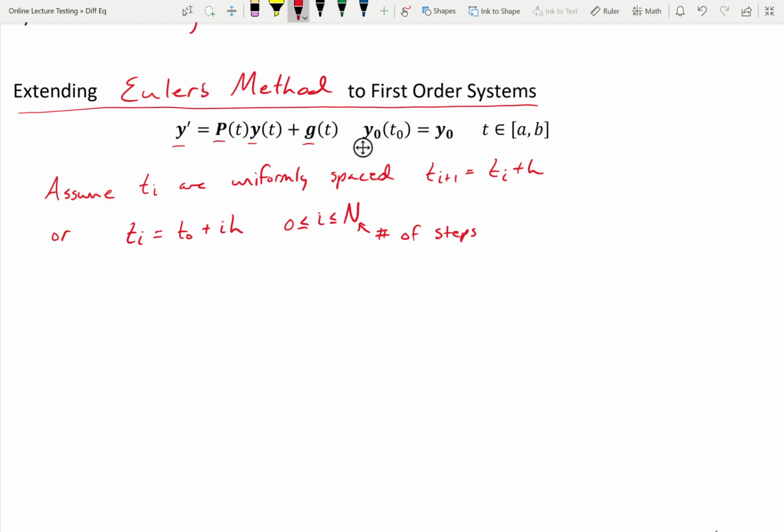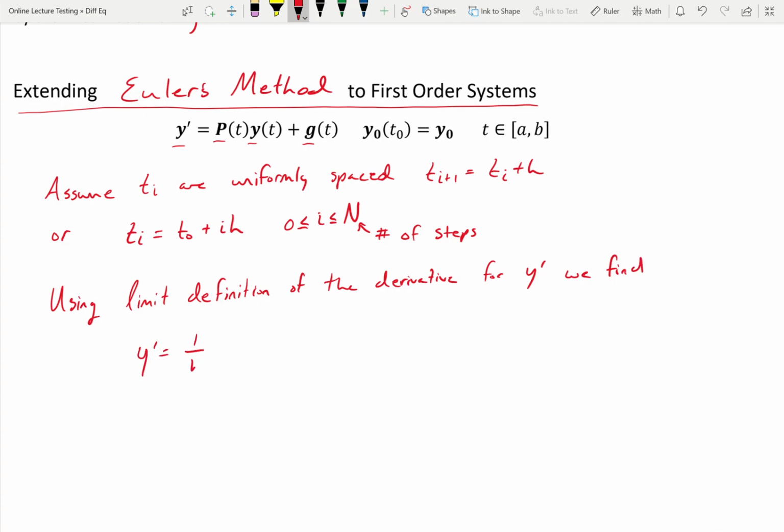Using the limit definition of the derivative for y prime, we find y prime is equal to 1 over h times y of t plus h minus y of t.